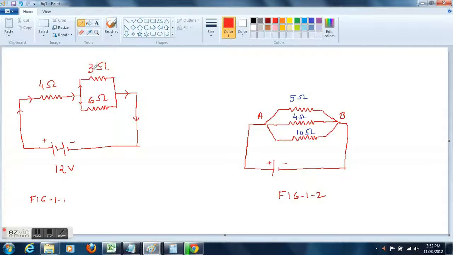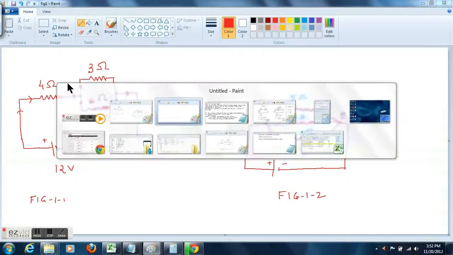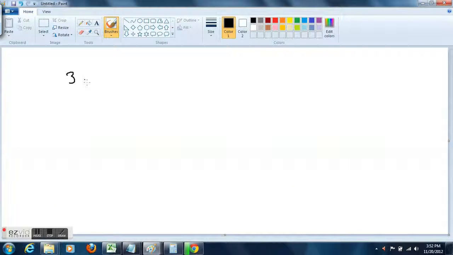When 3 and 6 ohms are connected in parallel, whatever net result comes from there has to be calculated again with the other resistance, that is 4 ohms. So now 3 ohm and 6 ohm are in parallel. So what is the net resistance from here?